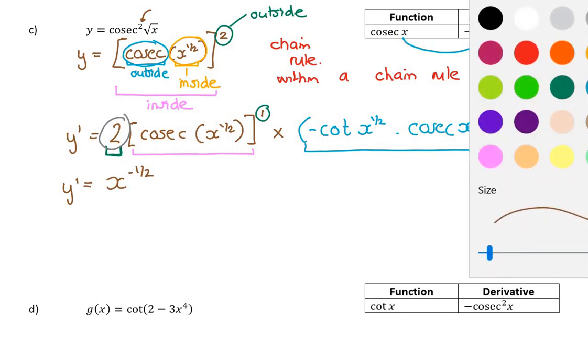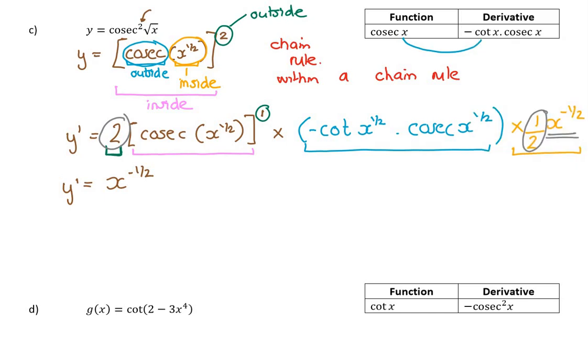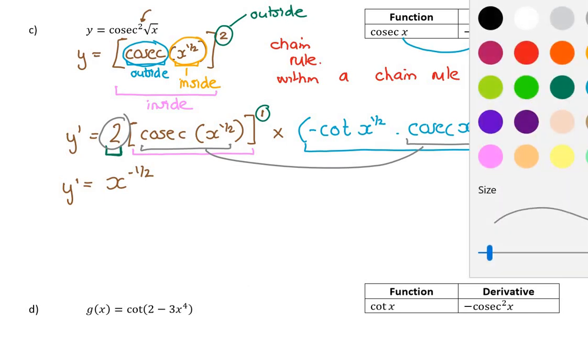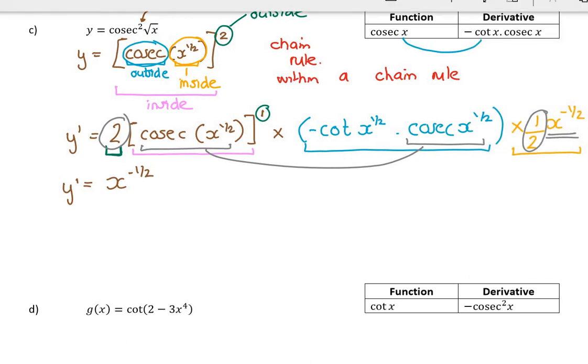If I have a look at this, writing it more simply, cosec x to the power of a half and cosec x to the power of a half, that's cosec squared. So I would probably now go with the fact that I'm going to put this negative right in the front, so much easier, and then I'm going to say it's cosec squared of, you could say root x, I don't like exponents so much, so I think that looks a little bit prettier, times cot root x.